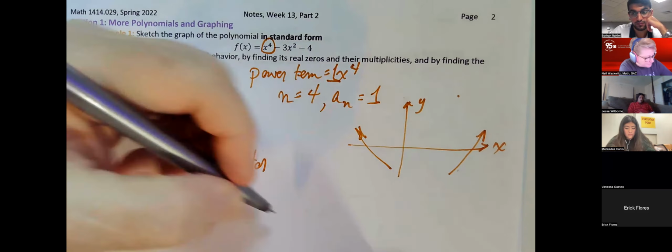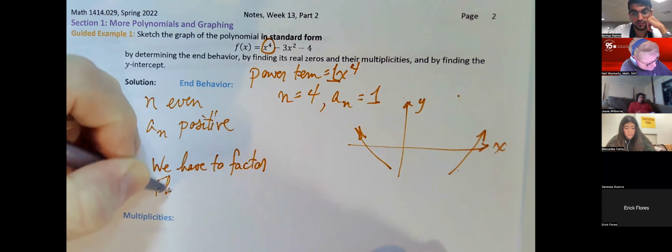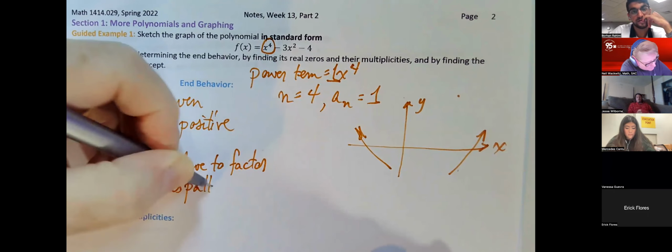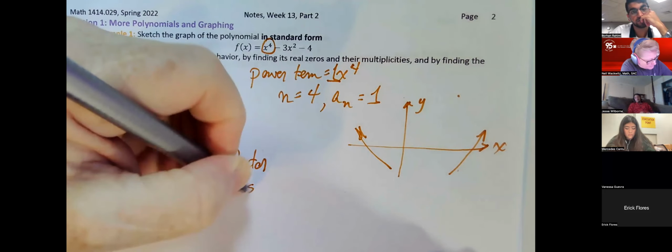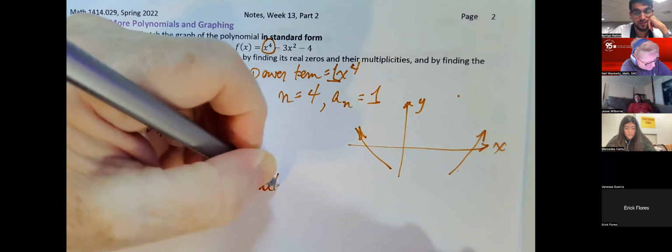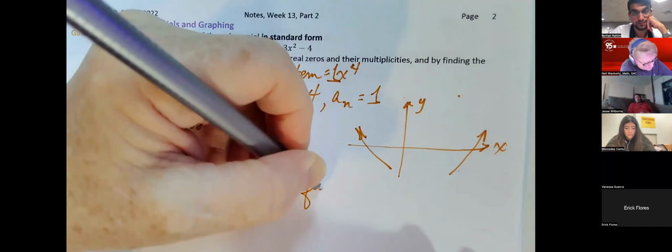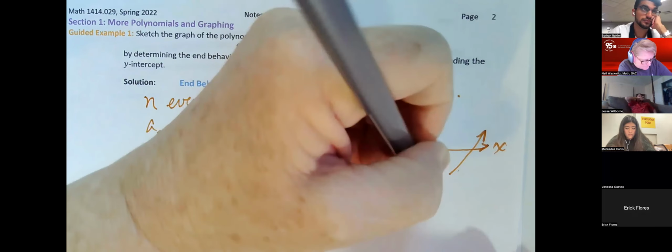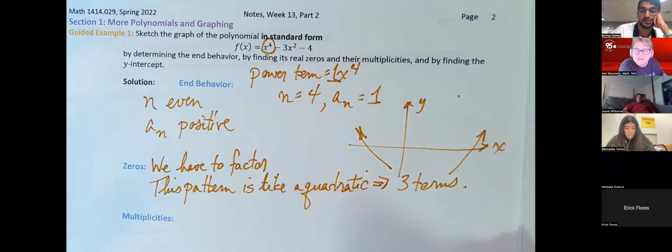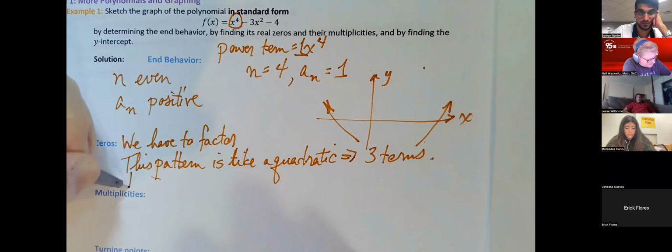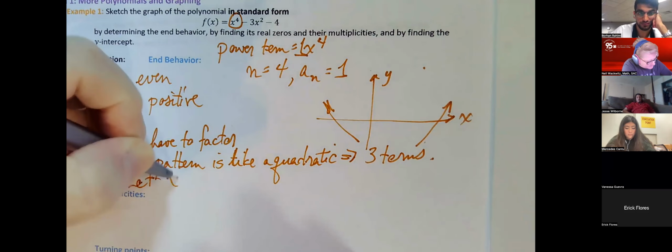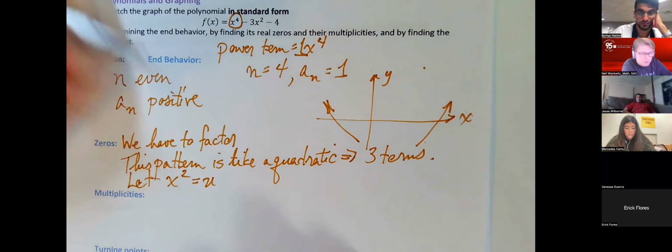This pattern is like a quadratic, because there are 3 terms. To see this pattern better, let's let x squared be the variable u.